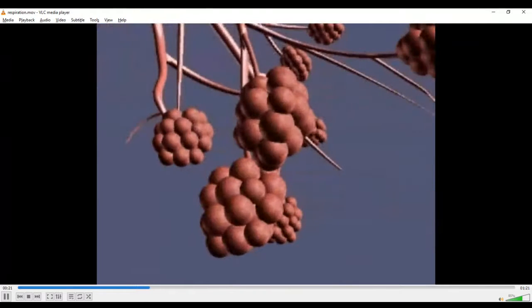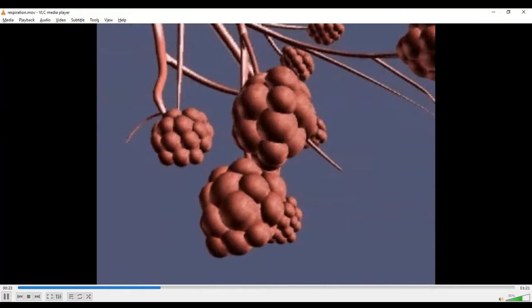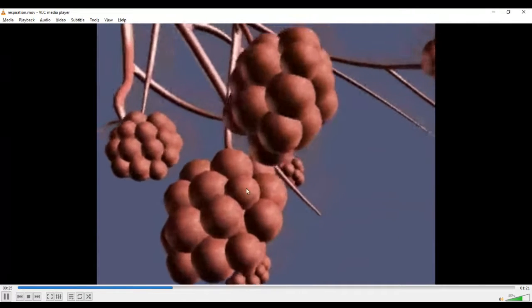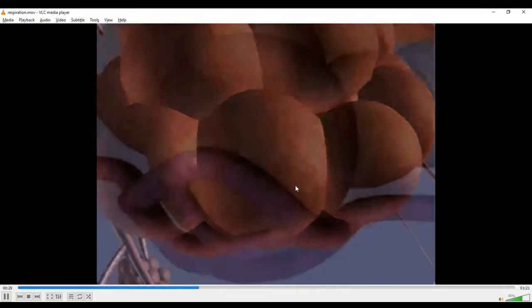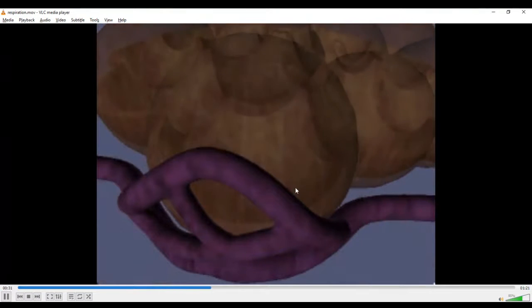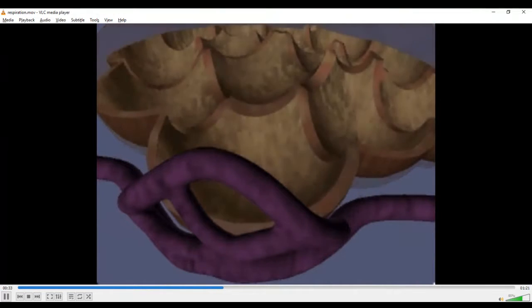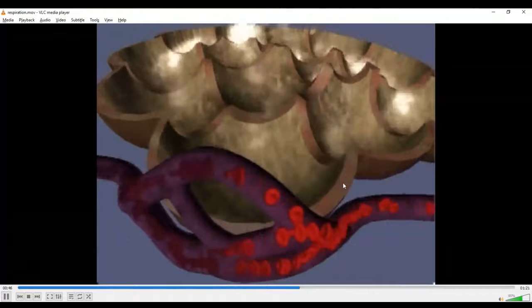You see here the alveolar sacs I talked about and the individual alveoli. And this is a cutaway of an alveolus. Remember I said that you had the alveolus, the air sac, and what you couldn't see was that all along the outer surface of the alveolus, you had pulmonary capillaries.